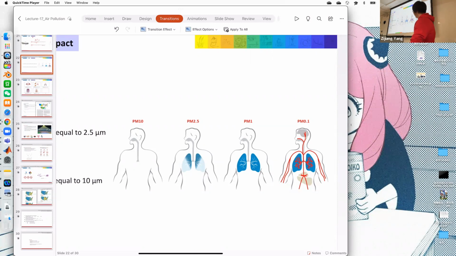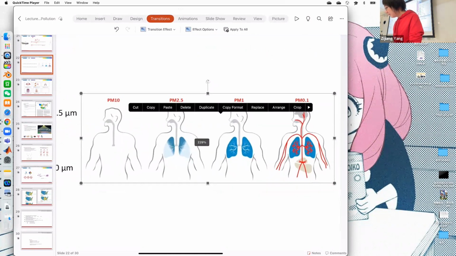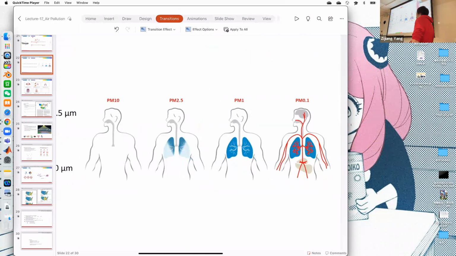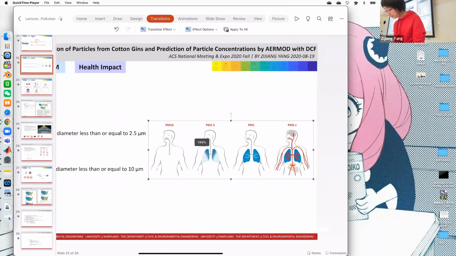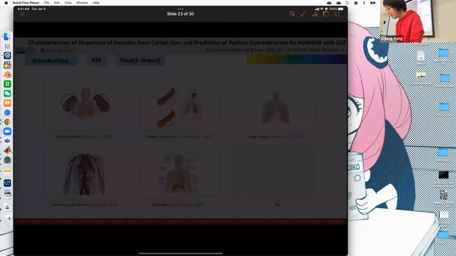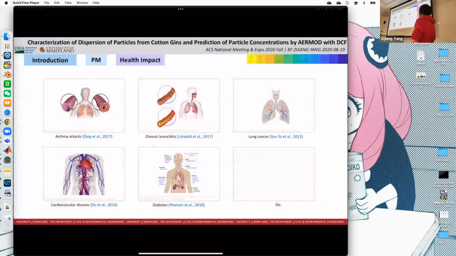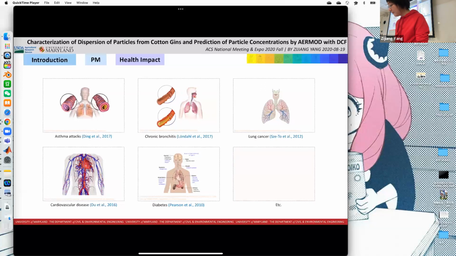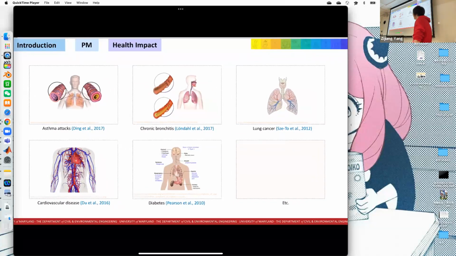So the pollutants or toxic chemicals can be released directly into the human body. For the health impact, PM has different types of health impacts, and most of them are related to the inhalation system.